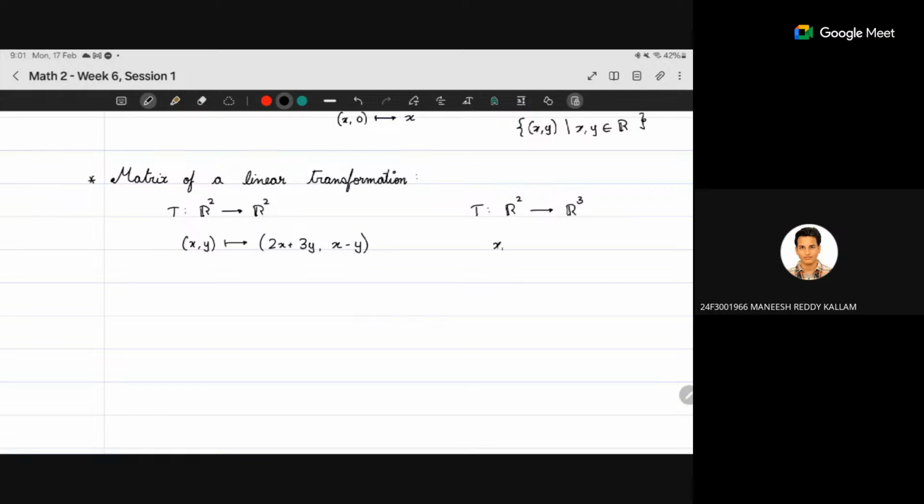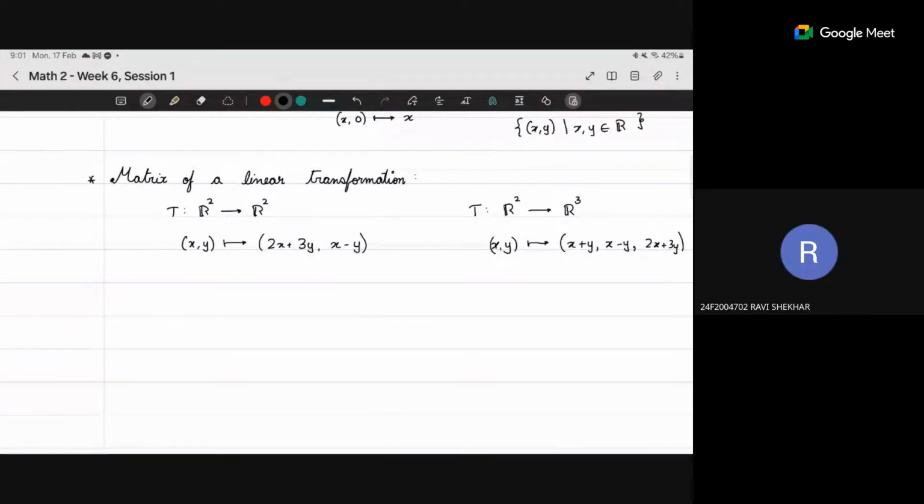So here I have (x, y) goes to (x plus y, x minus y, 2x plus 3y). Is this a linear isomorphism? No, sir. Why? Because we are transforming from R^2 to R^3.